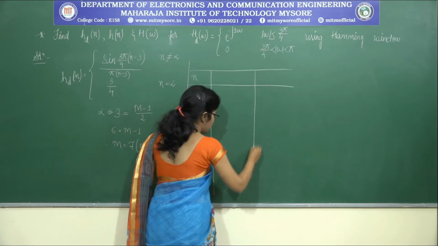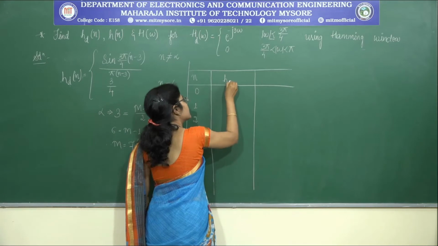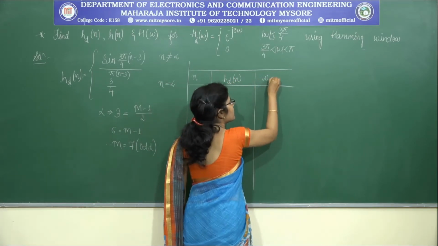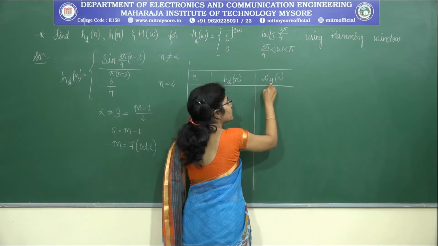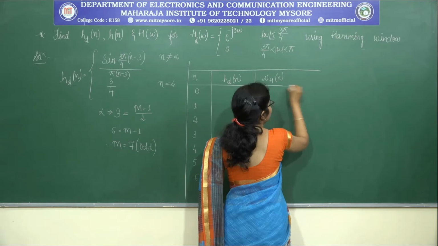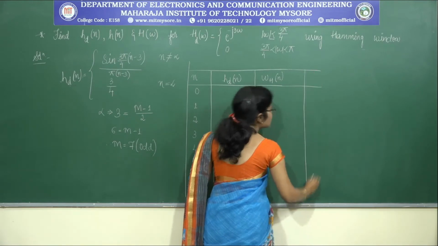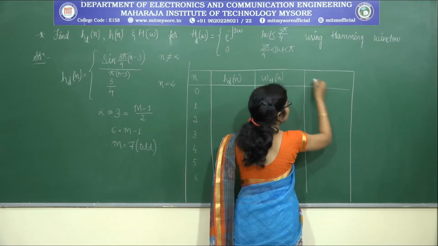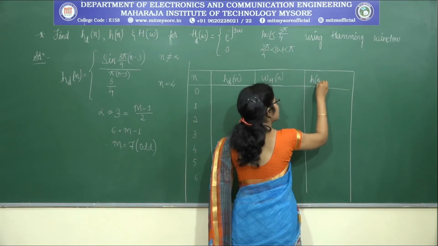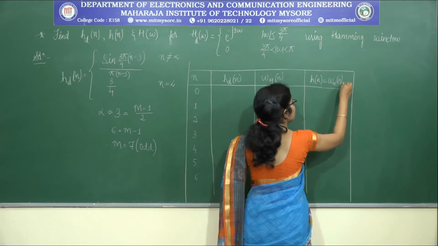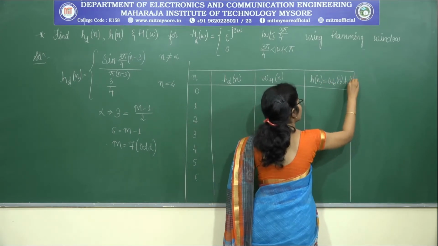Then it should be hd of n. Then it is omega h of n. Why omega h? They are telling us to use Hamming window. And the last column is nothing but h of n, which is equal to omega h of n into hd of n.